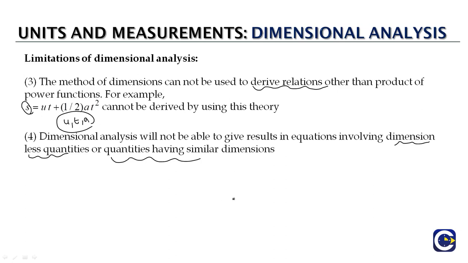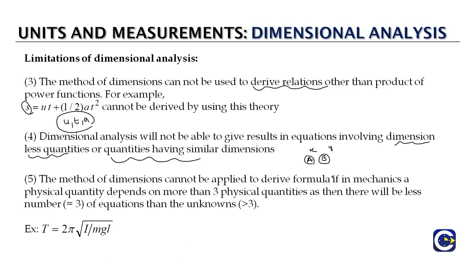Let us say, for example, there are quantities having the same dimensions, a and b, and we say a^x b^y. Since a and b both have the same dimensions, we will essentially be looking at both of them together, and we will not be able to look at them separately. This is one of the other limitations of dimensional analysis.